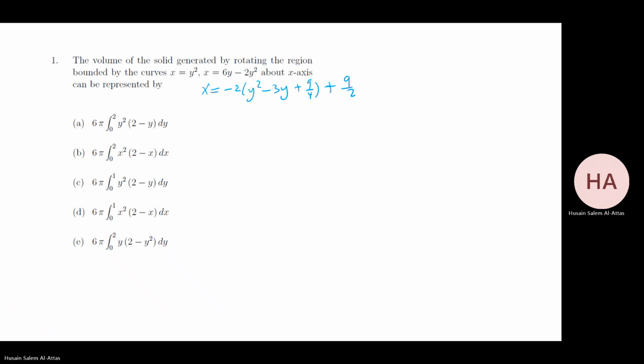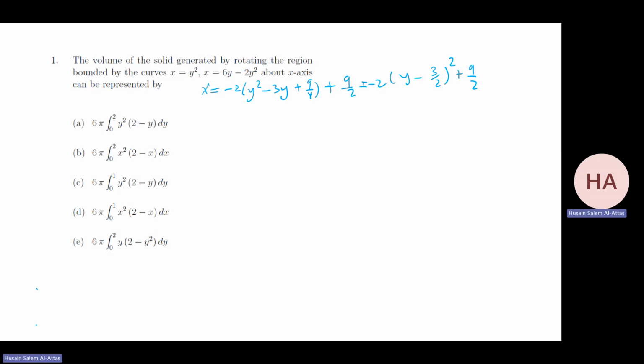Okay. That is just to rewrite this parabola. So it will be minus 2 times y minus 3 over 2 squared, plus 9 over 2. Just to graph the function easily.